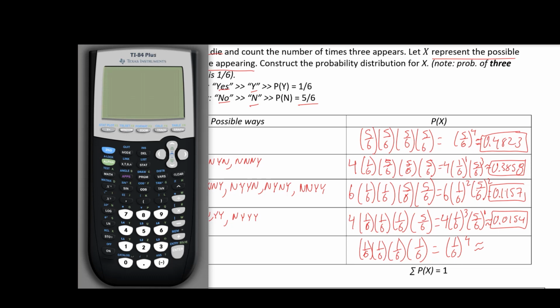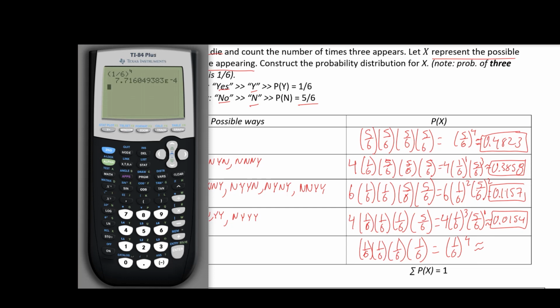So if you were to put, let's say, parentheses 1 divided by 6 parentheses, and then raise that to the 4th power. Now, you'll notice something that's going to be a little weird here. Okay? If you press enter, what do we get? We get something that starts with a 7 point whatever.